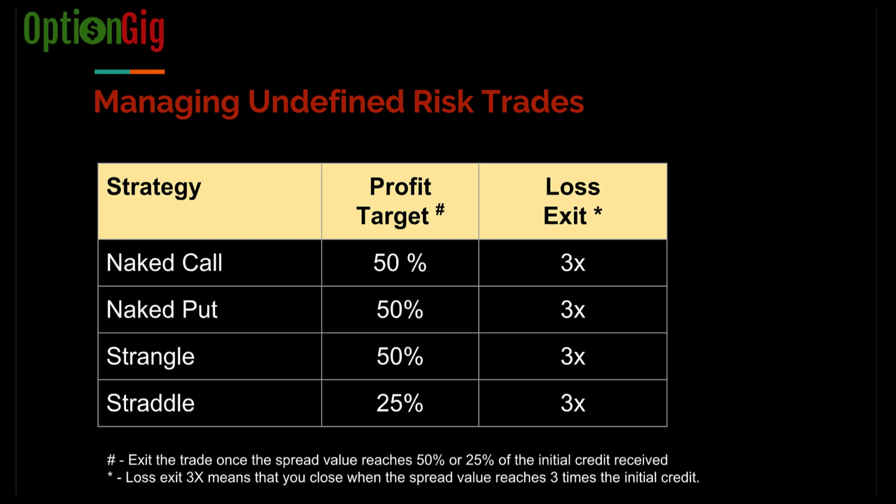Do not close your trade immediately once the trade goes into a loss zone, because we will see that many times trades come back into the profit zone. So you should wait until the loss is twice the initial credit, meaning the value of the option contract is 3 times the initial credit received.